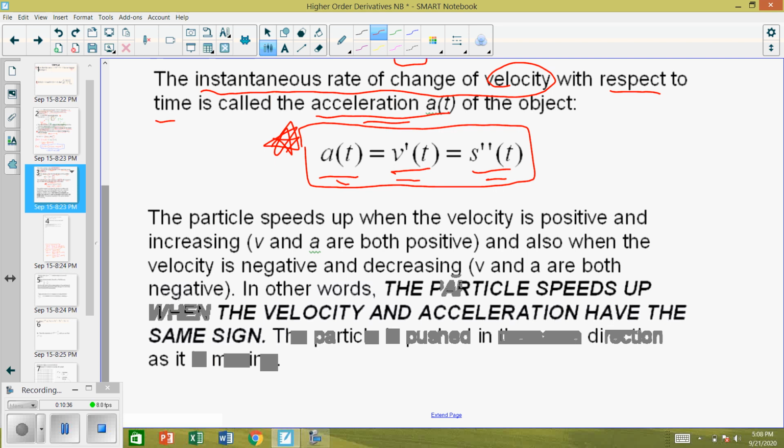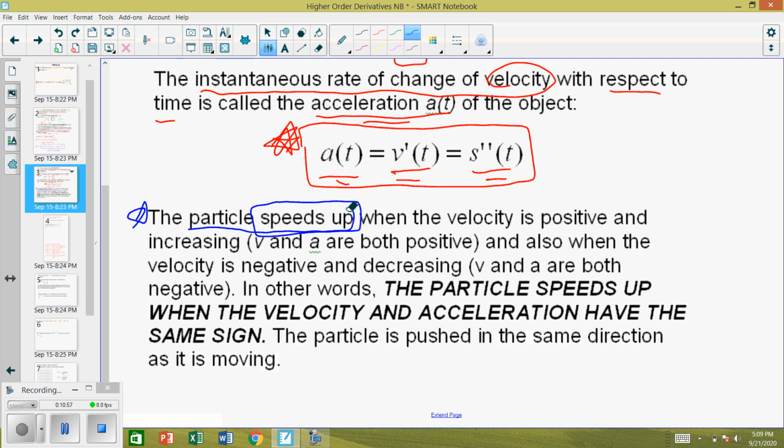All right. Now, this is something that they love to ask questions on all the time. So let's read this closely, and we'll definitely explain it more tomorrow. We know what acceleration is, we know what velocity is. Now, this is just a definition. A particle speeds up when the velocity is positive and increasing. Think about that. If it's positive, that means we're moving in a positive direction.